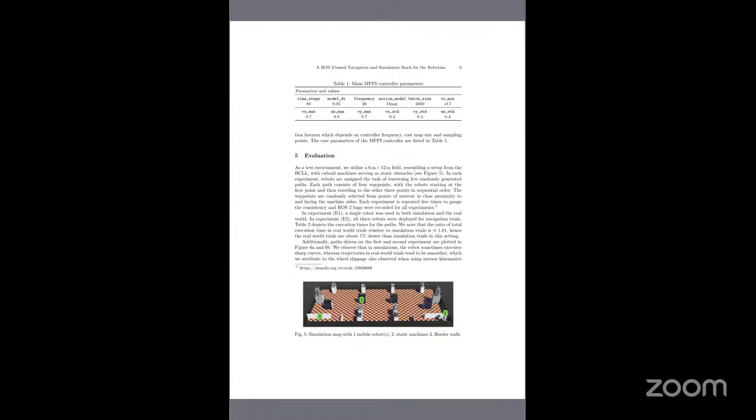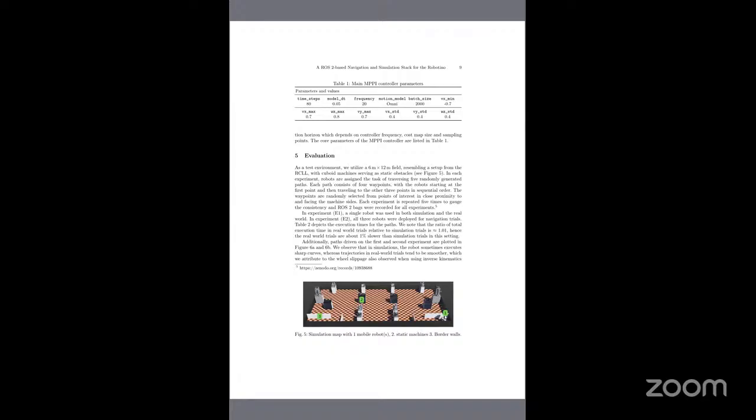So the total prediction time will be 80 times 0.05 seconds. So that means using this MPPI, approximately 4 seconds is required to predict the motion of the robot.